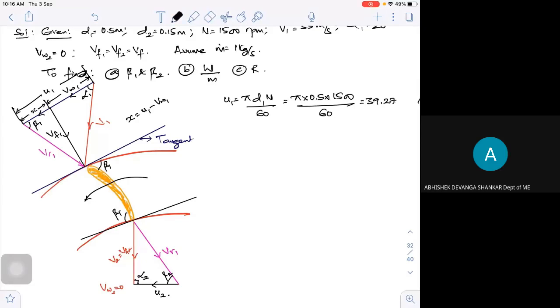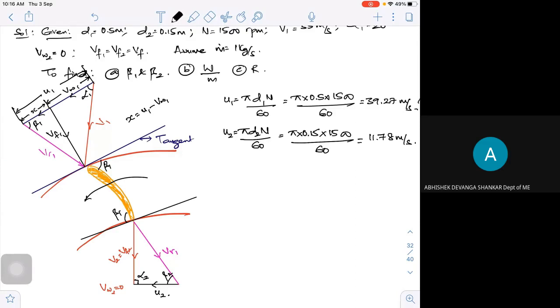Similarly, what is U2? U2 is equal to pi D2 N by 60, which is pi into 0.15, that is at the inner hub, into 1500 by 60. It should be a lower number. From the calculator I'm getting around 11.78 meters per second.